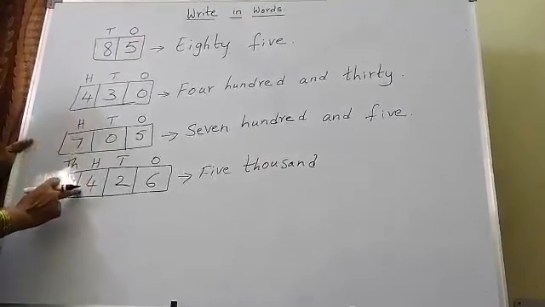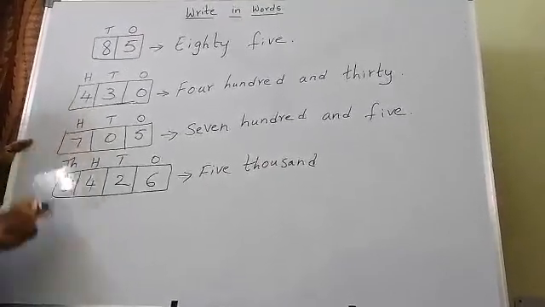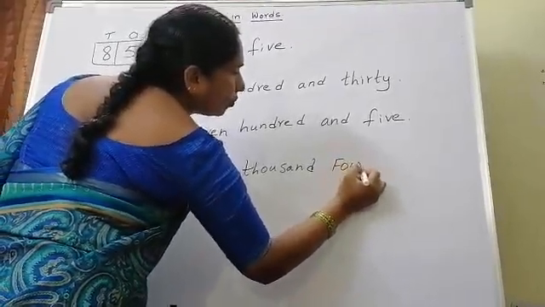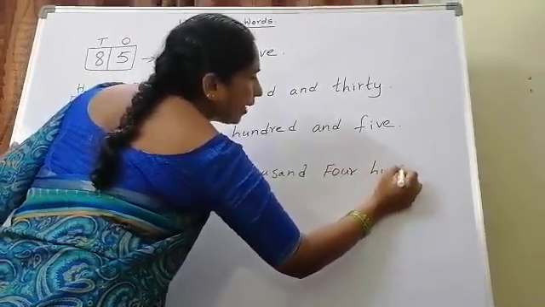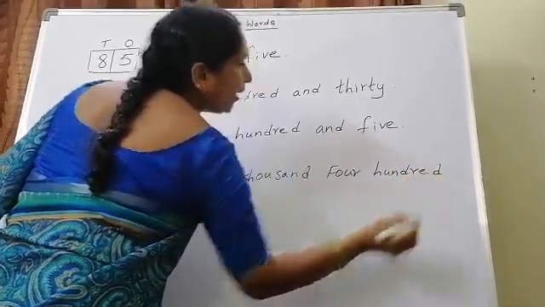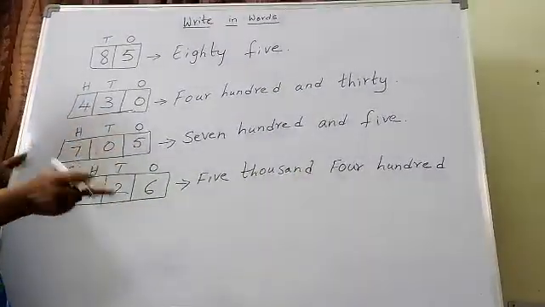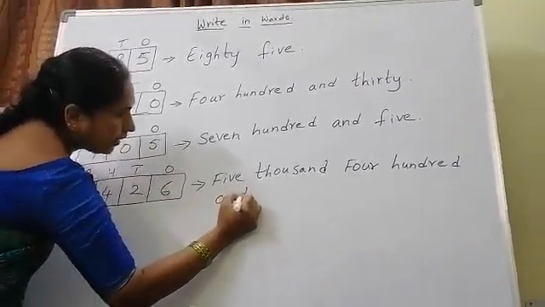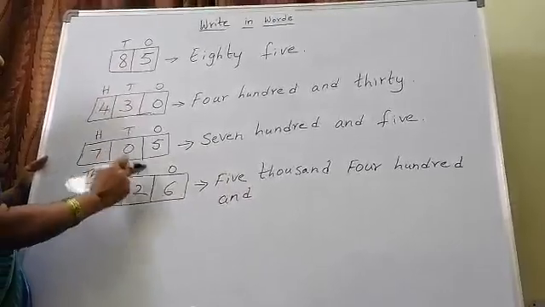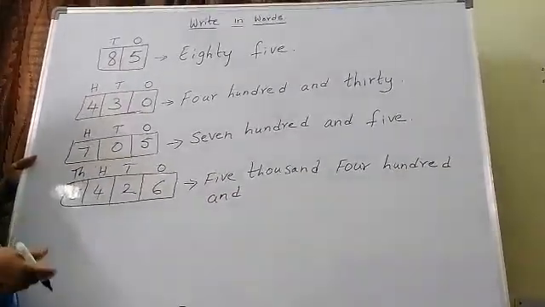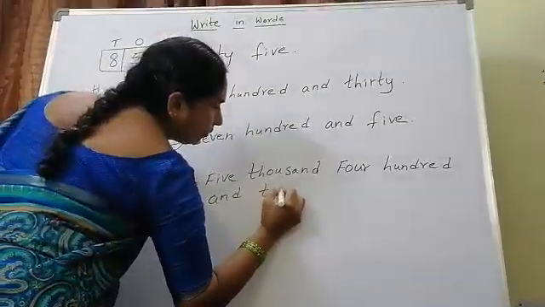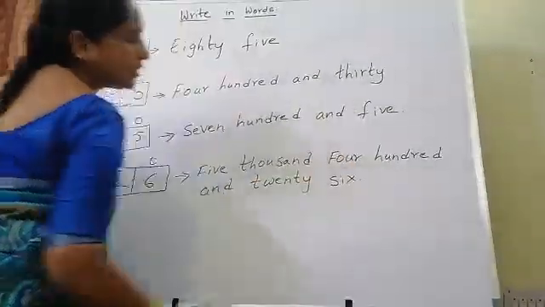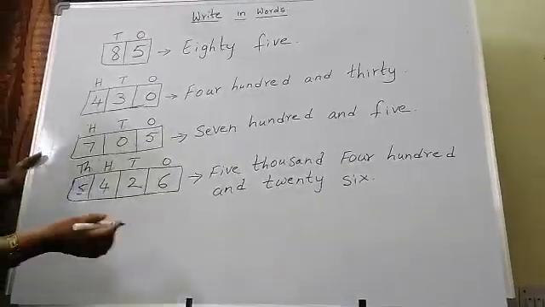After 5,000, 4 is in which place? Hundreds place, 5,400. F-O-U-R, 4, H-U-N-D-R-E-D, 100, 400. After 100 you say and, A-N-D. So 2 is in tens place, 6 is in ones place, 26. T-W-E-N-T-Y, 20, S-I-X, 6, 26.